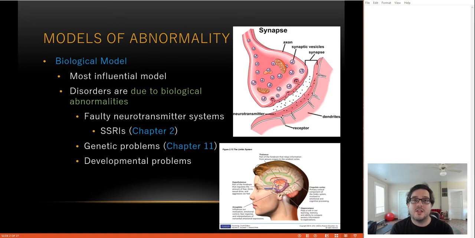Well, in that case, what's happening is the blueprint is fine, DNA is fine, but it is how the nervous system is built during that early critical period that may then create certain types of abnormalities, which can then manifest into psychological disorders.